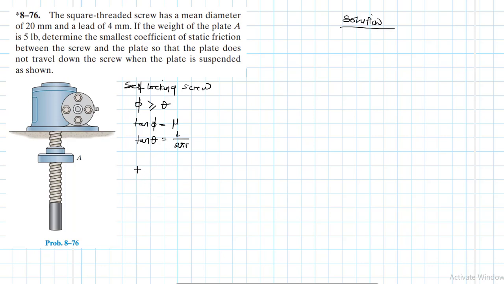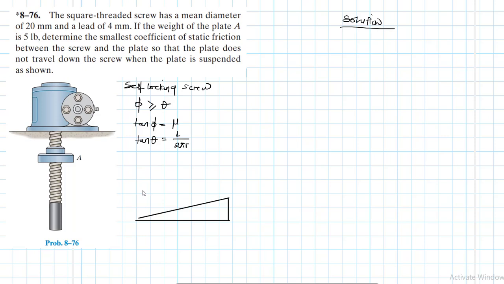Right. So what we'll do now, we'll need to draw our model so that we just apply those particular rules. So before we do so, let's calculate quickly our lead angle.